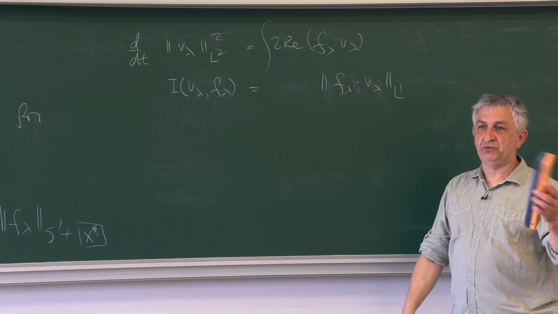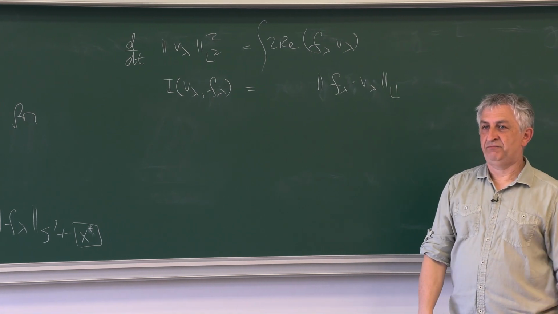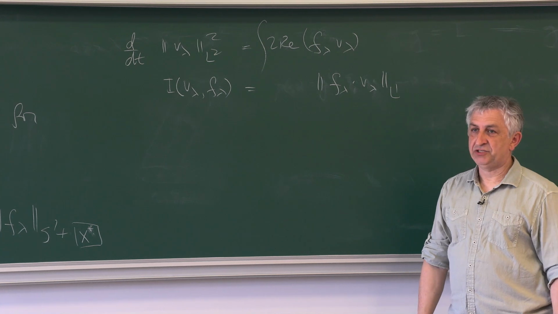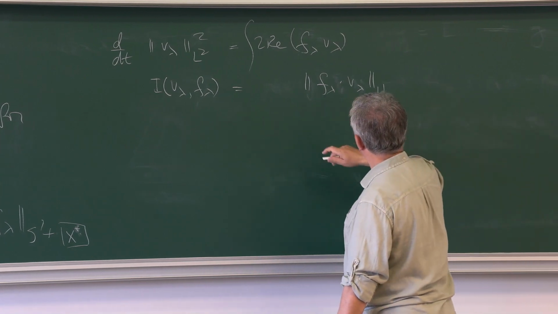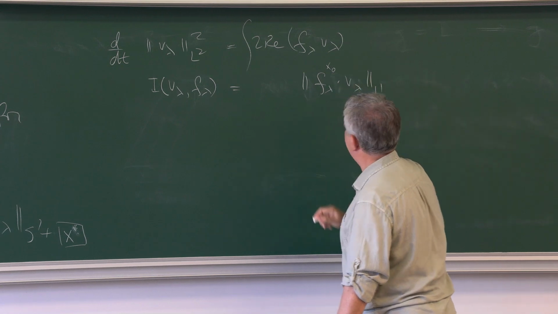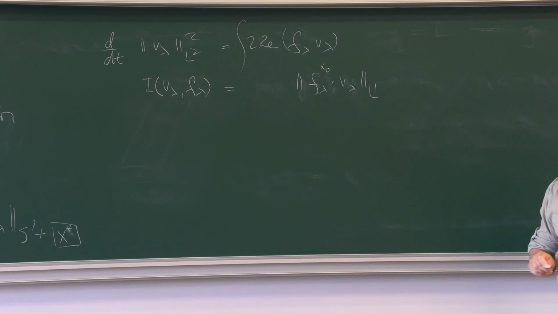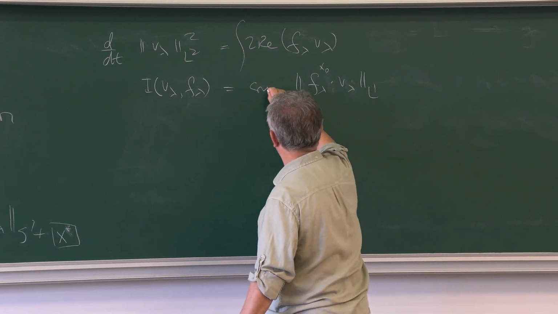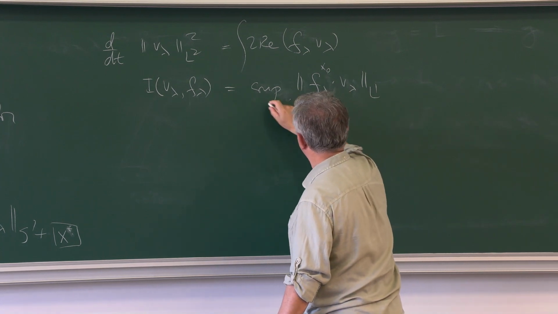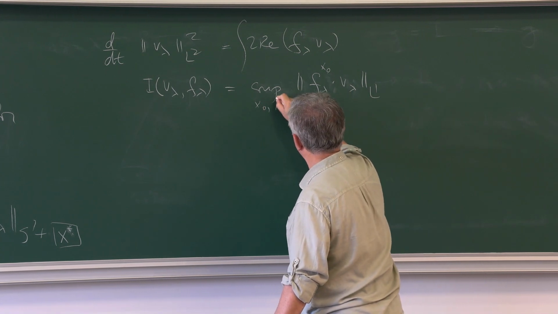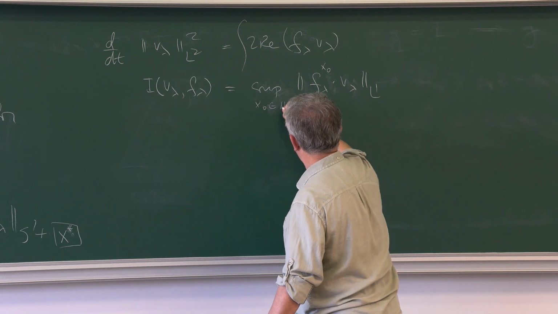But then you also want to do other, let's say, frequency localizations and this kind of manipulations. So instead of just looking at this, we allow ourselves to have a translation parameter in here, and you take a supremum over x0 in R. All right.